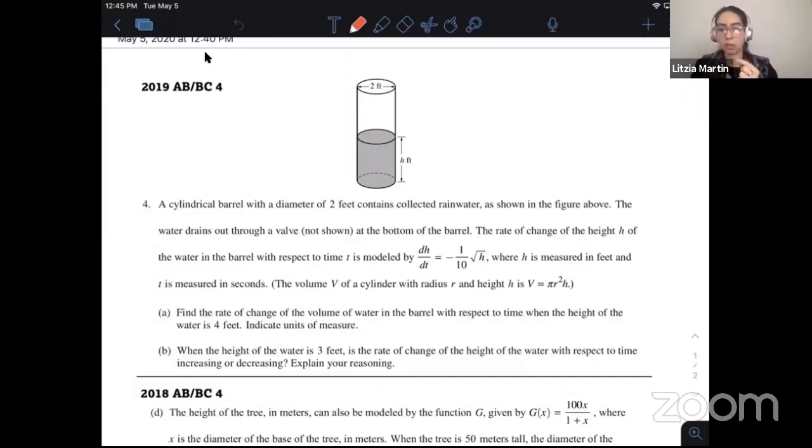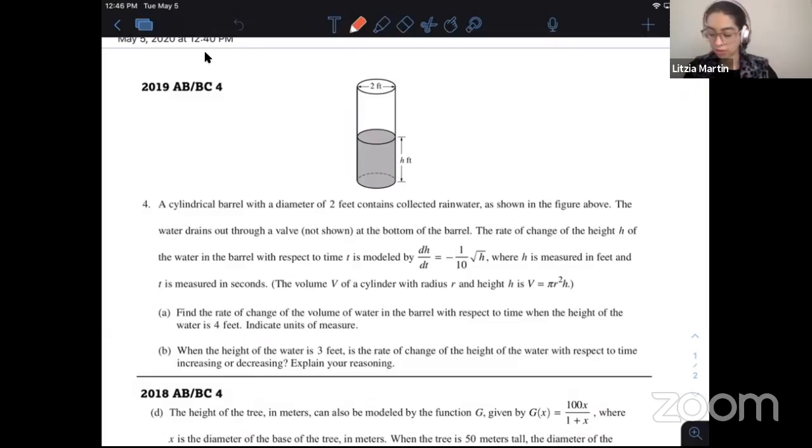So basically water is going to be dripping out from the bottom, and the rate of change of the height of the water in the barrel with respect to time is modeled by dh/dt equals -1/10 times root h, where h is measured in feet and t is measured in seconds.